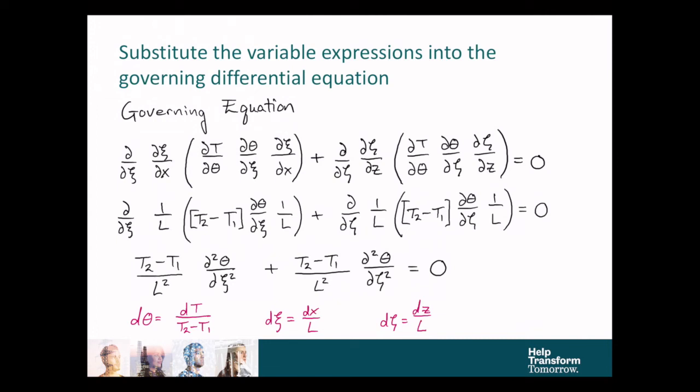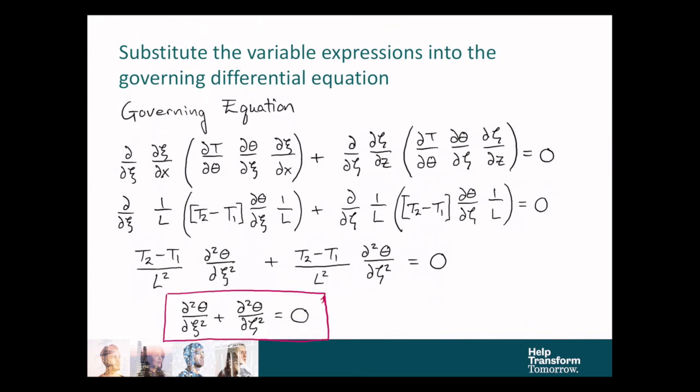Both of these terms are multiplied by t2 minus t1 over L squared. We can divide both sides by t2 minus t1 over L squared, and we get d squared theta dx squared plus d squared theta d zeta squared equals 0, which looks a whole lot like the equation that we started with, just transformed into a different coordinate system.